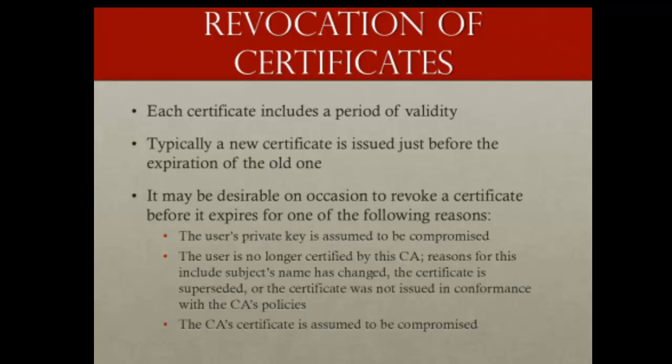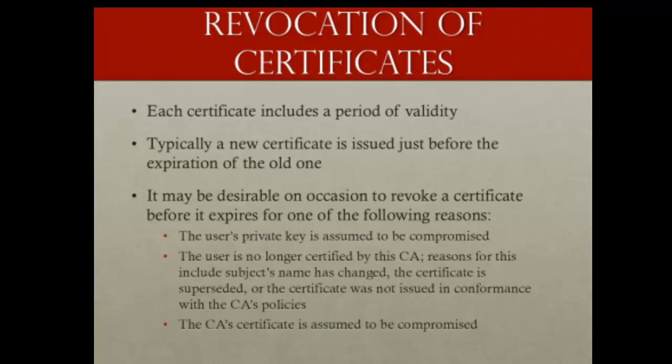Then we would like to revoke the public key so it's no longer used. Another reason might be the user is no longer certified by the CA, maybe the employee's employment has been terminated, so we'd like to revoke the certificate of that employee at that company. Maybe their name has changed, or for some reason the certificate is temporarily superseded, or the certificate was not issued properly. They want to revoke those too.